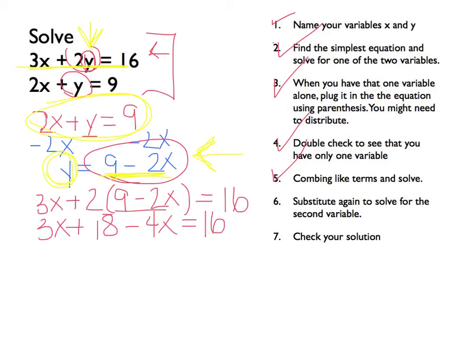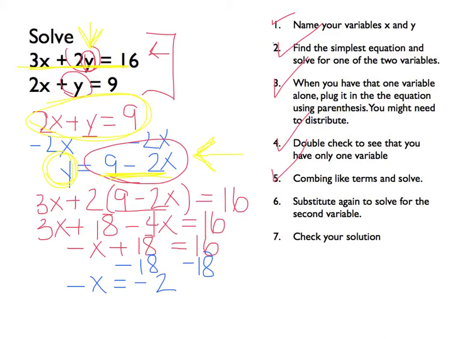Once I've distributed, I can now combine like terms. 3x minus 4x is negative x plus 18 equals 16. Get rid of the 18 to get x by itself. Okay, and so now I have negative x is equal to negative 2.